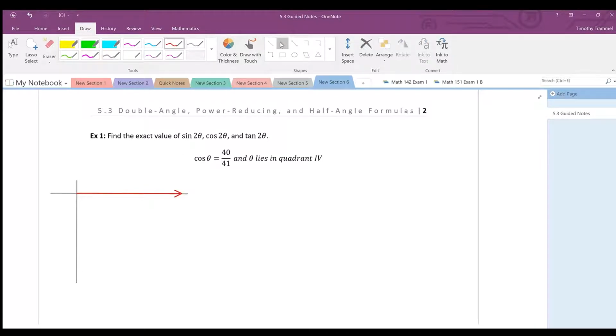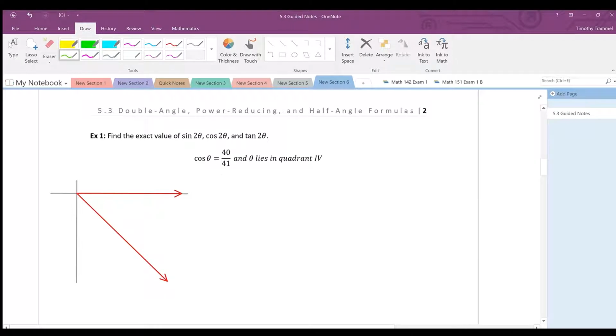That looks a little bit better. And all we need to do is just make sure that our sketch is in quadrant 4 and all the math should work out here.